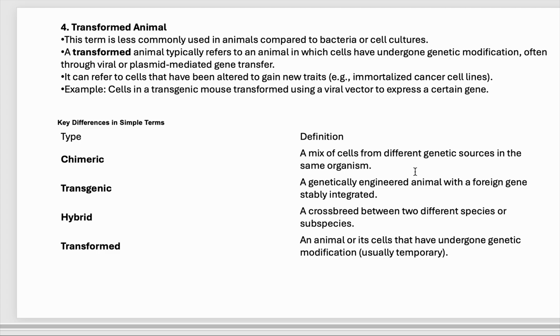Hybrid is a crossbreed between two different species or subspecies. And fourth, transformed is an animal or a cell that has undergone genetic modification, that's usually temporary. So that's called transformed. So the correct answer is transgenic.